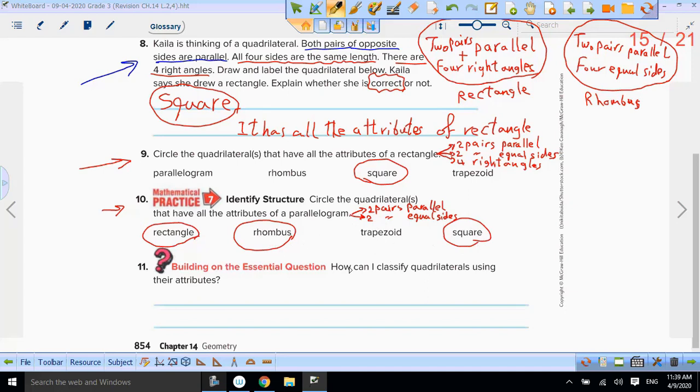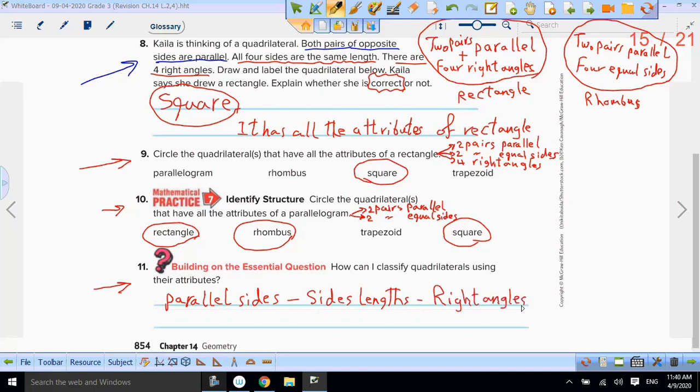Okay? So how can we classify quadrilaterals using their attributes? We classify them according to parallel sides, side length, and number of right angles.